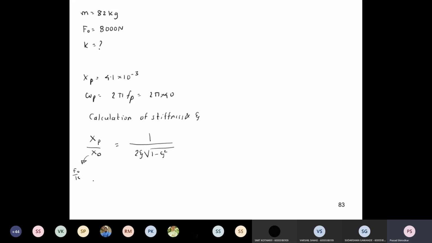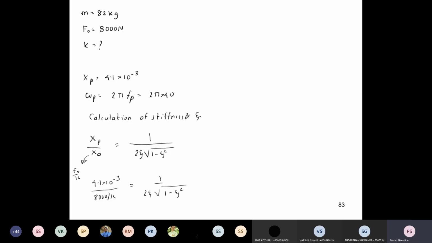Alright, so substitute all the values. So I get 4.1 into 10 raised to minus 3 divided by 8000 by k is equal to 1 upon 2 times zeta into root of 1 minus zeta square, right?